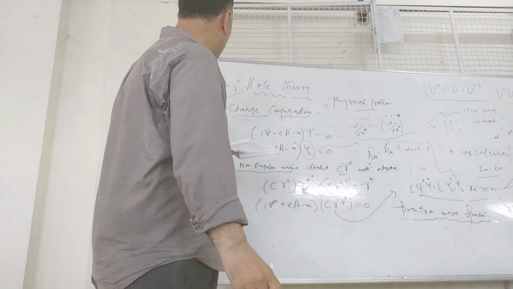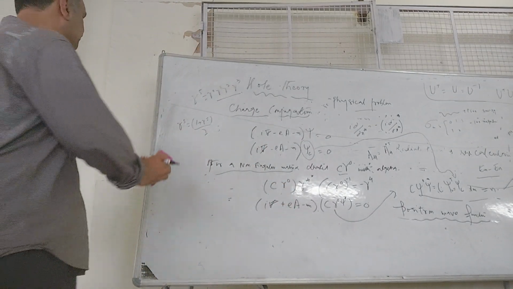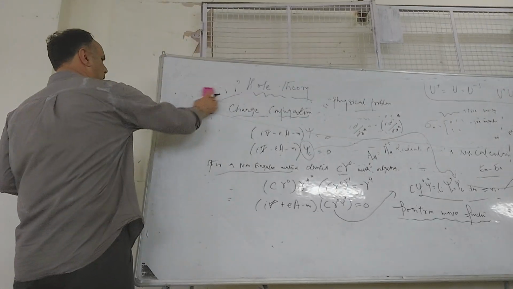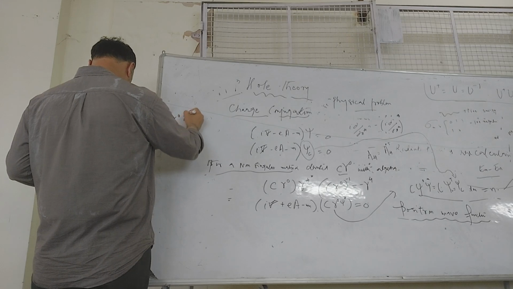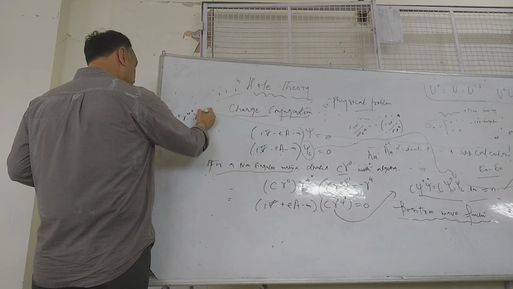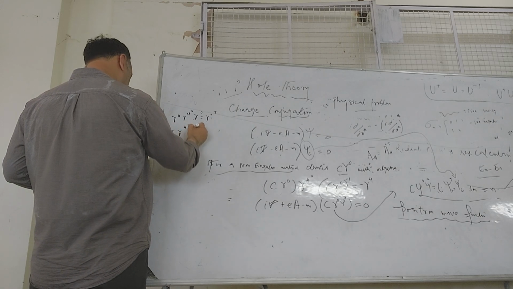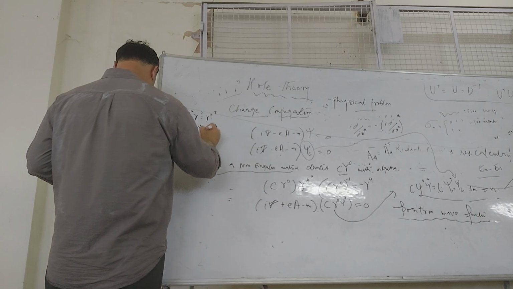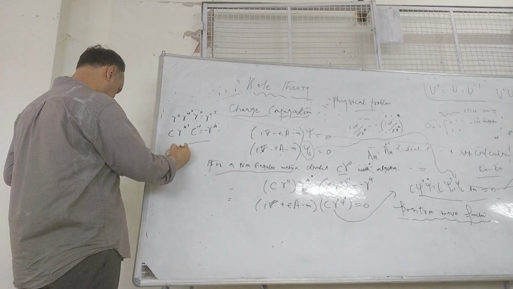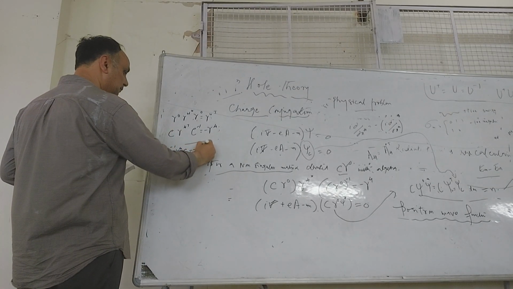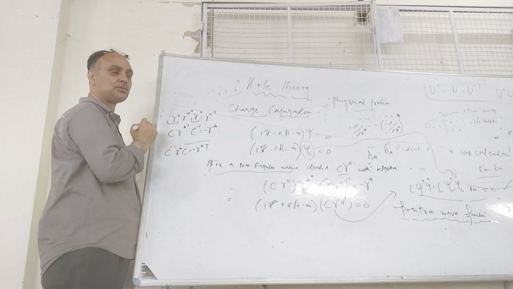But again, let's see these properties. You can see here, it's gamma 0, gamma 0.